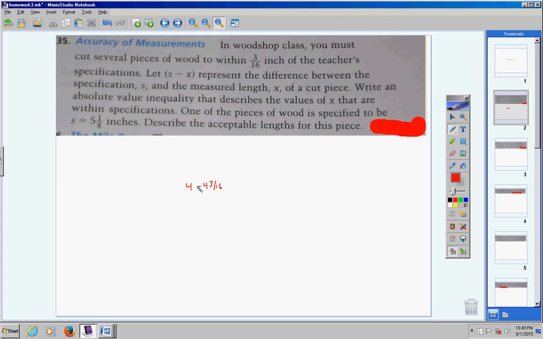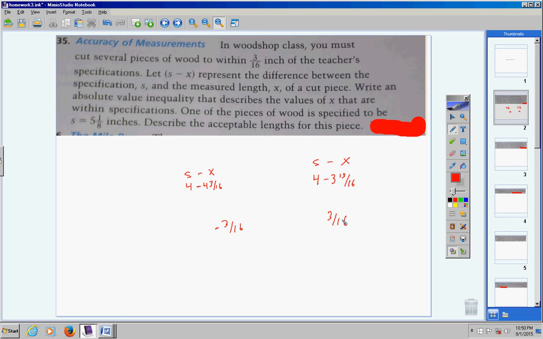If you subtract those two, S minus X, like it says right here, you'll get negative 3/16. Let's say that your specified cut was 4, and instead, it ended up being 3 and 13/16. Well, of course, this would be positive here. If you subtract these, S minus X, you will get 3/16.